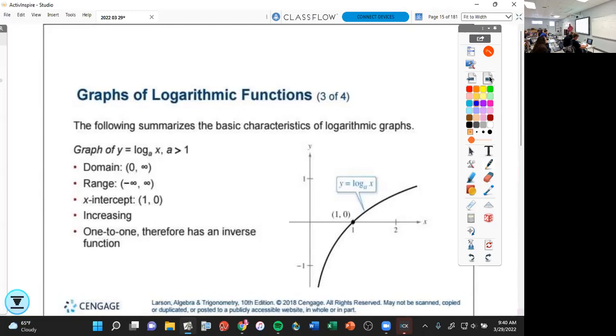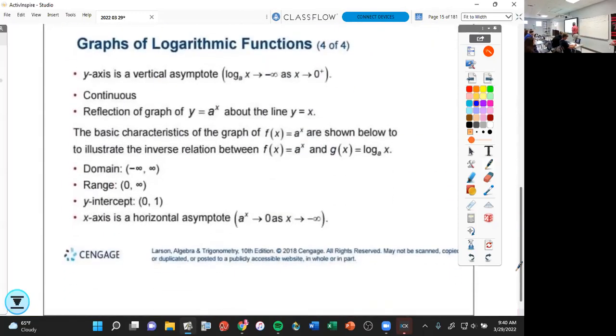The x-intercept is at 1, 0. This function is always increasing. It's one to one, therefore it has an inverse. And we talked about the inverse of this guy yesterday. It's continuous. The y-axis is a vertical asymptote. The reflection about the line y equals x is exponential.